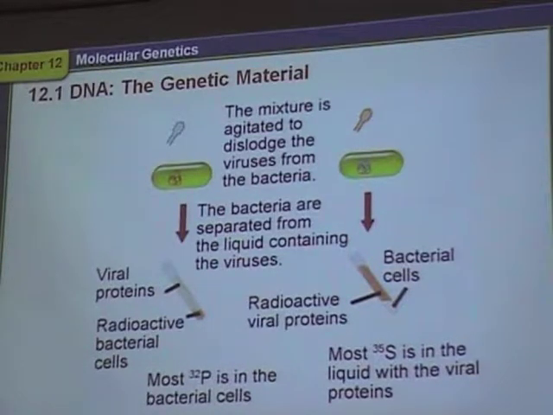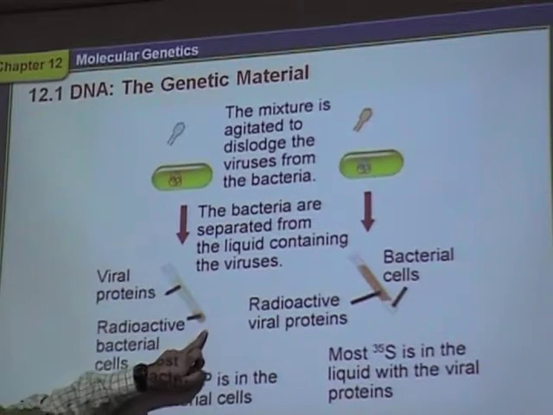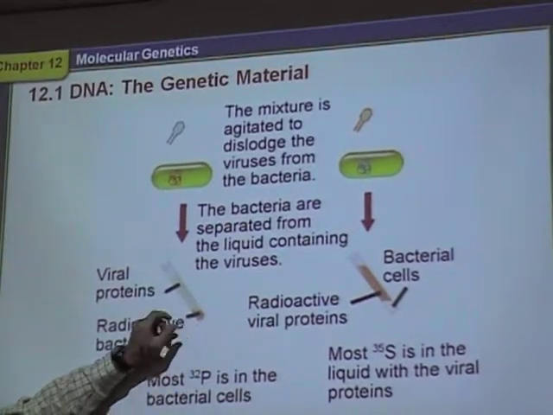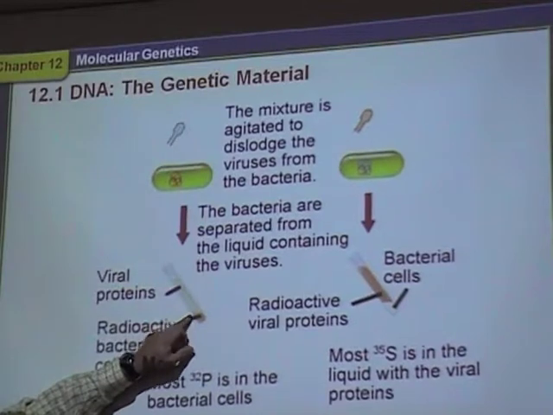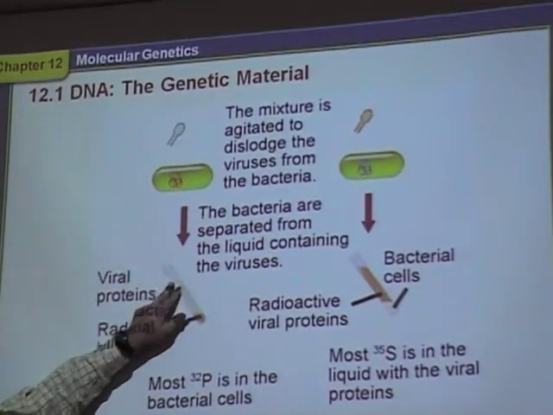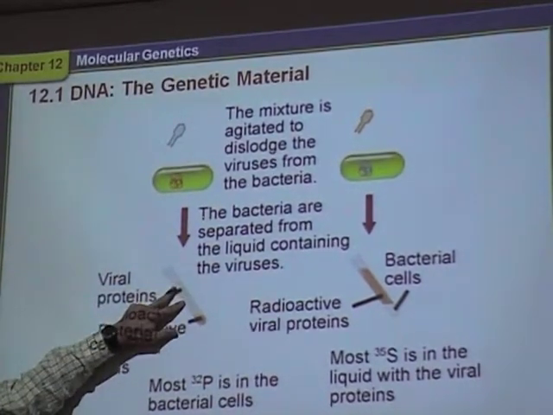And if you take a test tube full of bacteria and viruses and you spin it around real fast, the heavy bacteria go to the bottom of the test tube, and the light viruses will kind of stay up in the mixture. And so they spin it around. The heavy bacteria are on the bottom here, and the light viruses are up on the top.